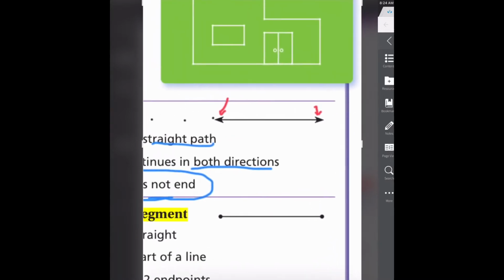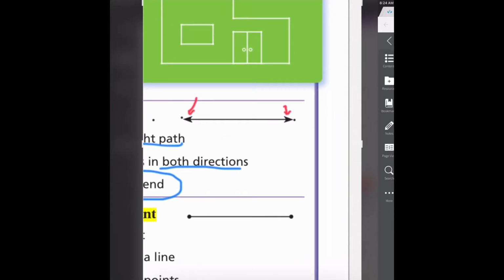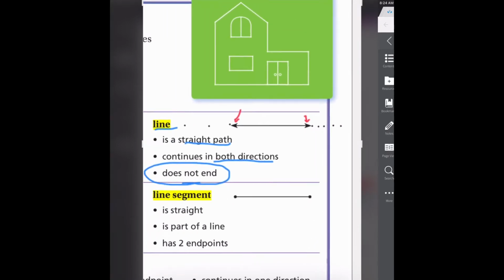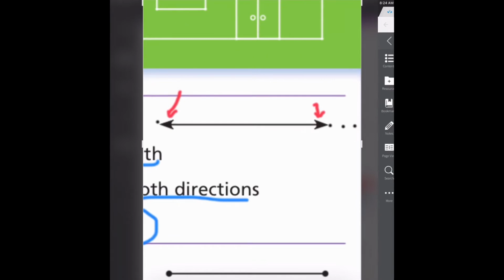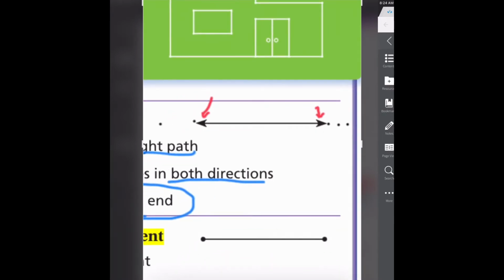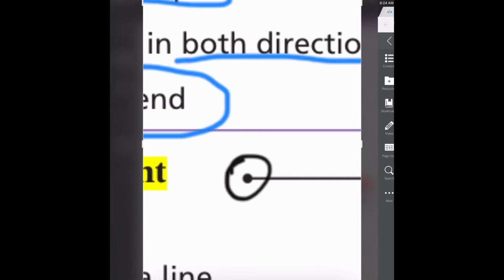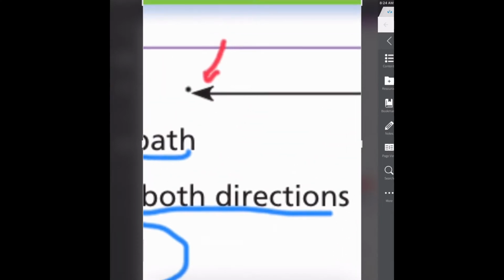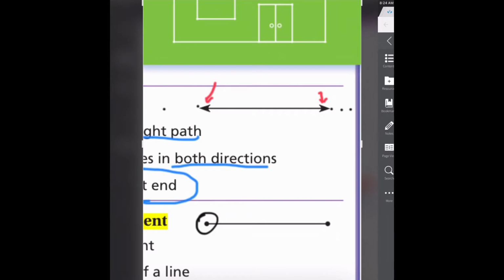It just continues on and on and on forever and ever. That's what a line is, okay? So a line, the arrows tell us that it continues going, and it will never have an endpoint. So this little guy right here is an endpoint. A line will never have that. A line will just have points, not endpoints.